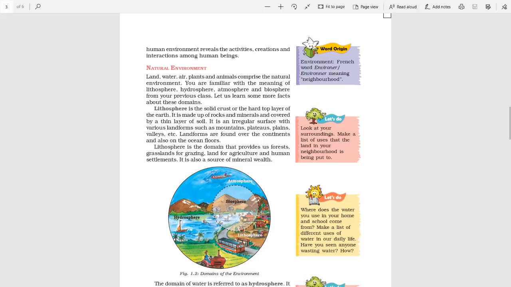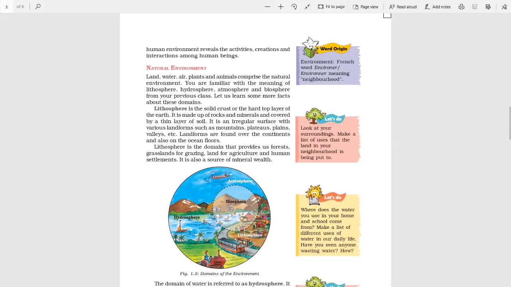Lithosphere. Lithosphere is the solid crust or the hard top layer of the earth. Underline, students, this part. It is made up of rocks and minerals and covered by a thin layer of soil. It is an irregular surface with various landforms such as mountains, plateaus, plains, valleys, etc. Landforms are found over the continents and also on the ocean floors.